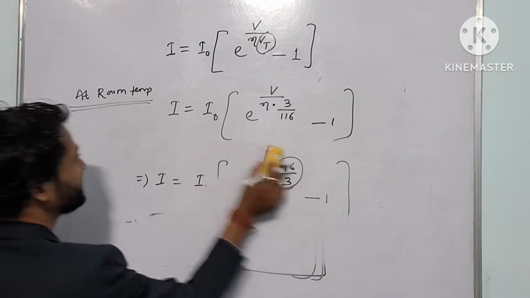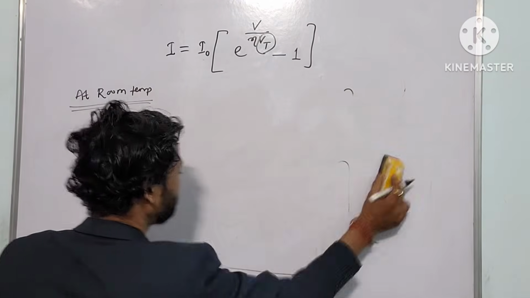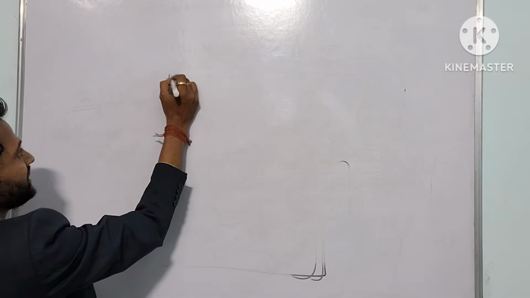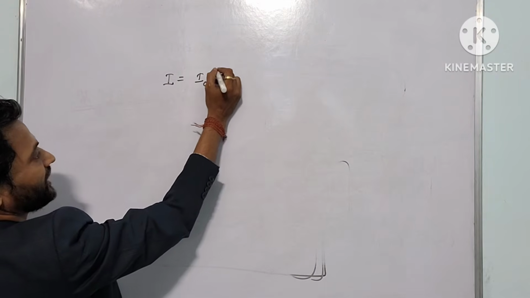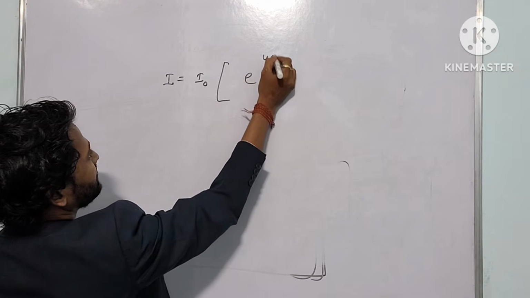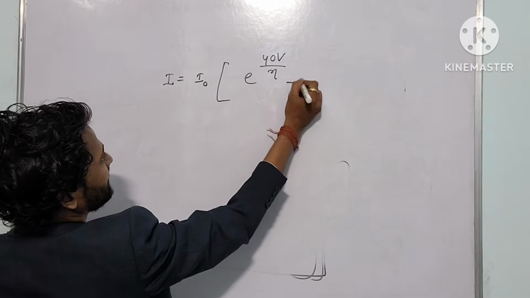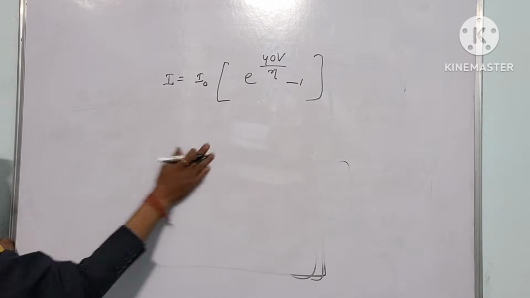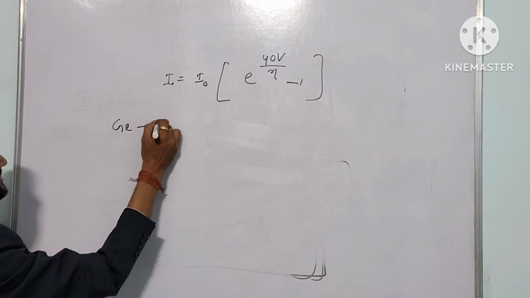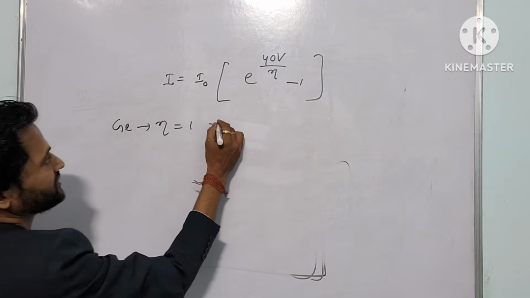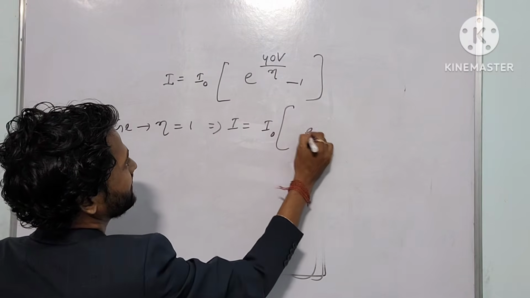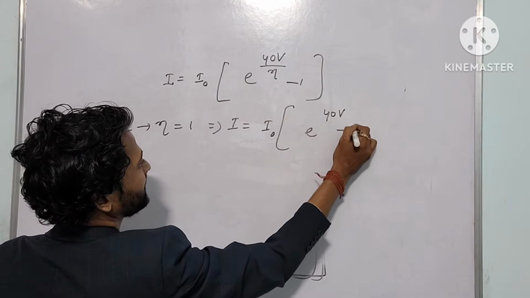So that means we are getting expression of current as I naught whole into e to the power 40v upon eta minus 1. So for germanium atom, what is the value of eta? Eta is 1. So what is the value of I here? I is I naught whole into e to the power only 40v minus 1.